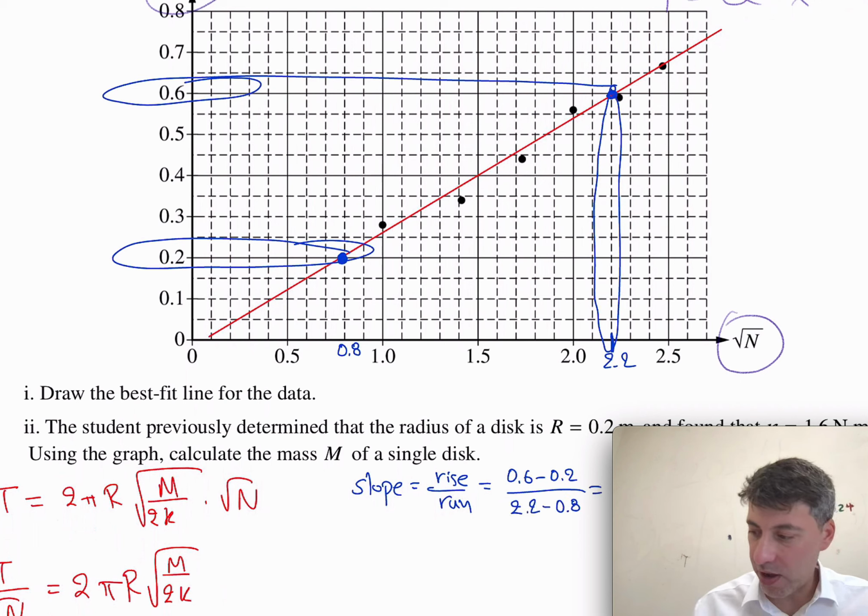From this we bring the value of the slope, which is 0.4 divided by 1.4, so it is 0.2286.